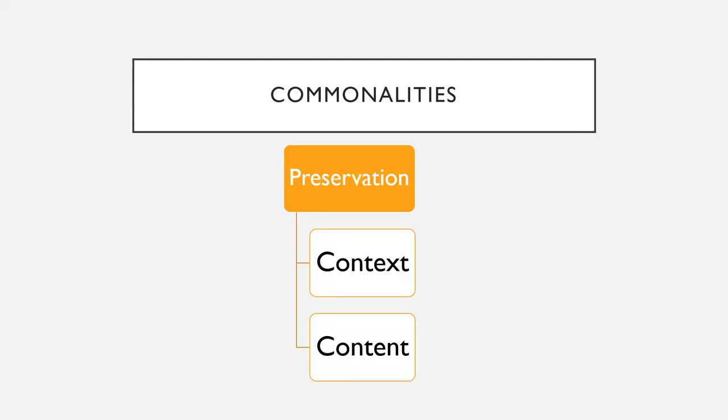So sort of on a very broad level, that's something that is common between digital and analog preservation. And this really forms the basis of preservation. And what we talk about in this course will be steps that archivists can take to preserve this context and content both so that it is available for researchers into the indefinite future.